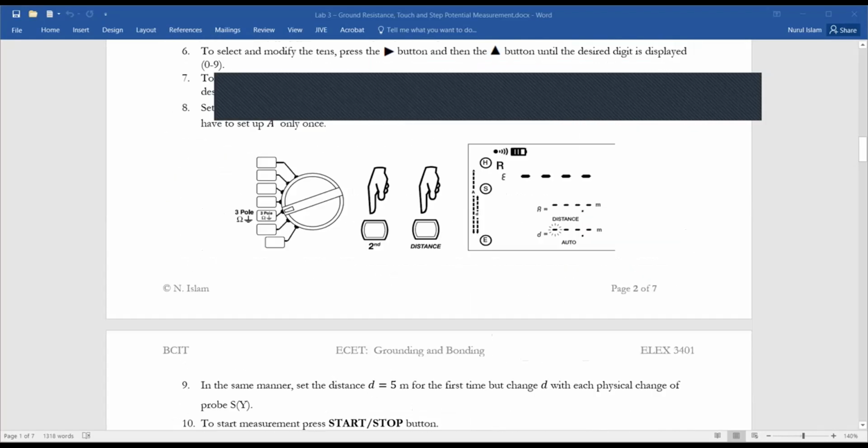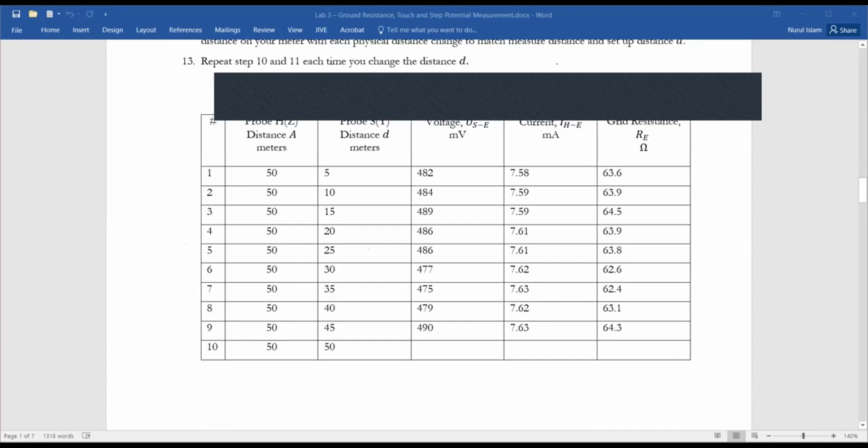Now see that table: 5, 10, 15, 20, 25, 30, 35, 40, 45, 50. So the flat area will start somewhere from here to there.